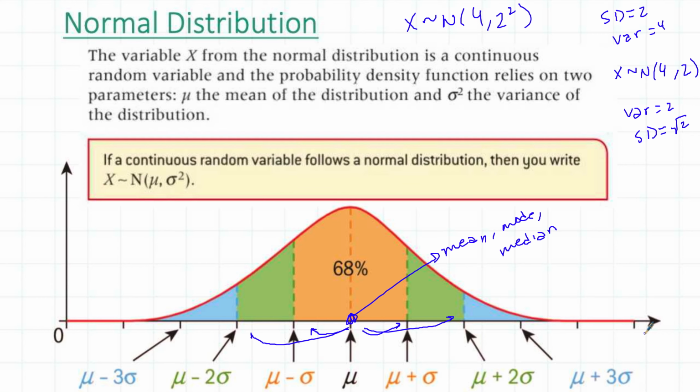We say it goes from negative infinity to infinity. Again, back to the definition of continuous random variables. But we know that eventually, as you go very low here, the probability is quite small. So we don't say it's 0, we just assume it's very small. 68% of the data lies within the first standard deviation, and then we'll talk about the other calculations also.